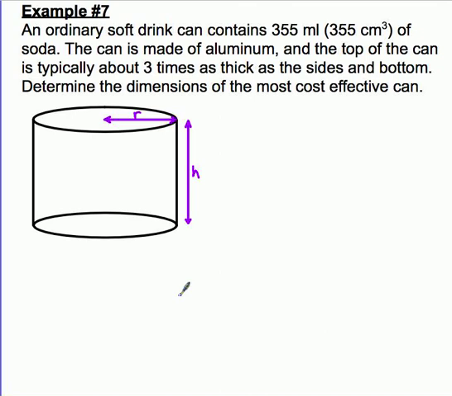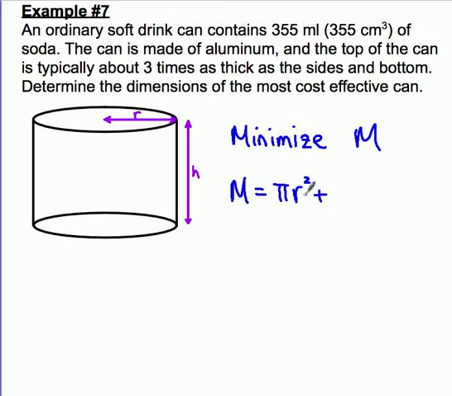So just like before, what we're trying to do here is minimize cost, but we all understand that that really comes down to the same thing as minimizing the amount of metal that we use. So I'm going to call it minimize M equals. In the last example, we talked about the area, but this time we have to be a little more clever because we have to recognize that we've got the area of the bottom of the can, which is pi r squared.